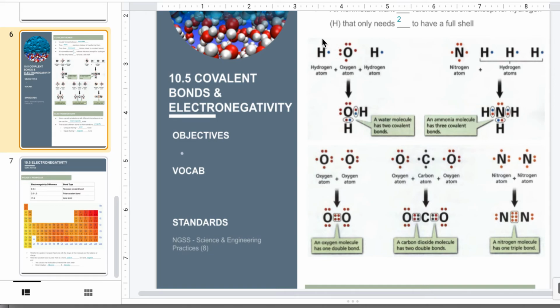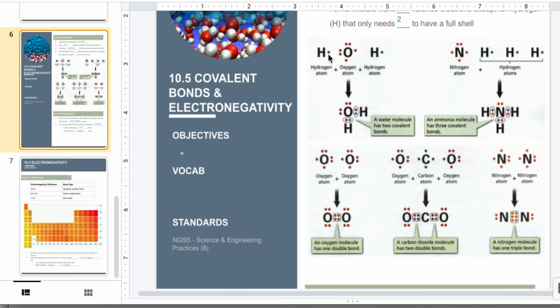You'll notice that hydrogen has 1 electron. Remember that for it to be full, it needs 2. So it has 1 unpaired electron, and it wants 1 electron. In the covalent bond, instead of transferring the electron to the oxygen or the oxygen transferring its electron to hydrogen, they share.